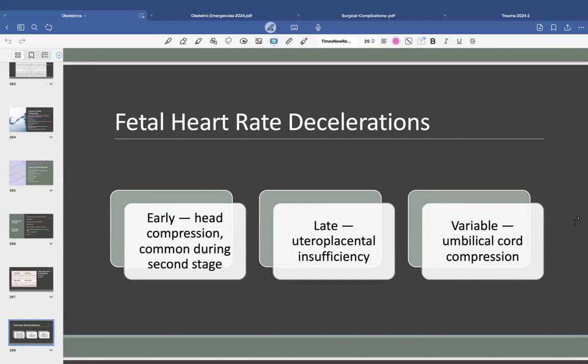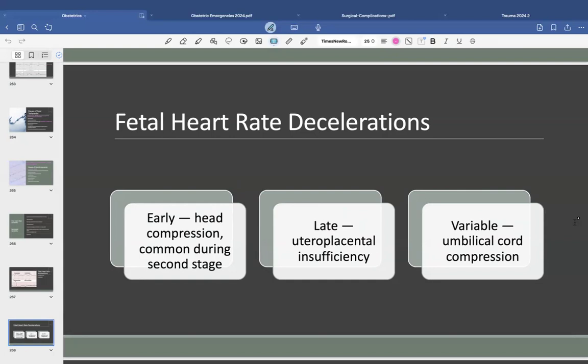There are three types: early, late, and variable decelerations. The early ones are usually from head compression, which is common during the second stage. Late, oftentimes due to some type of uteroplacental insufficiency, and variable is often due to umbilical cord compression. So we're going to look at each of those.